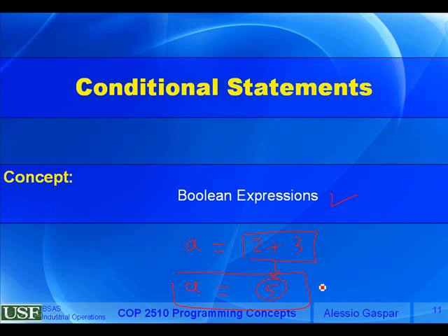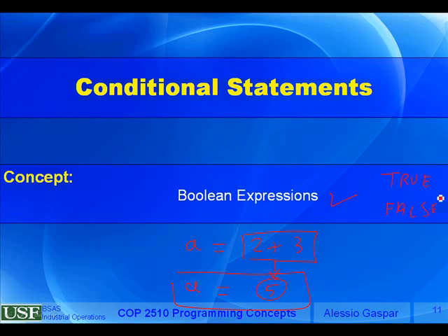Well, what are Boolean expressions? Boolean expressions are expressions, you could say mathematical expressions, that are going to result in a value which is always true or false. So you can see it as a subcase of a general mathematical expression.